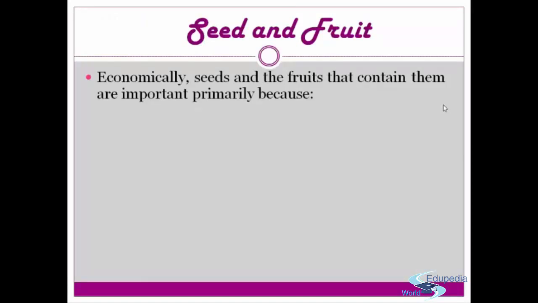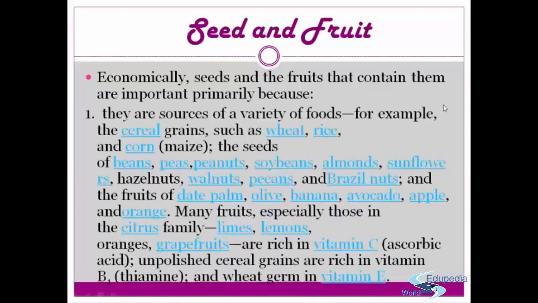Economically, seeds and the fruits that contain them are important primarily because, first, they are sources of a variety of foods. For example, the cereal grains such as wheat, rice, and corn, the seeds of beans, peas, peanuts, soybeans, almonds, sunflowers, hazelnuts, walnuts, pecans, and brazil nuts, and fruits like date, plum, olives, banana, avocado, apple, and orange.